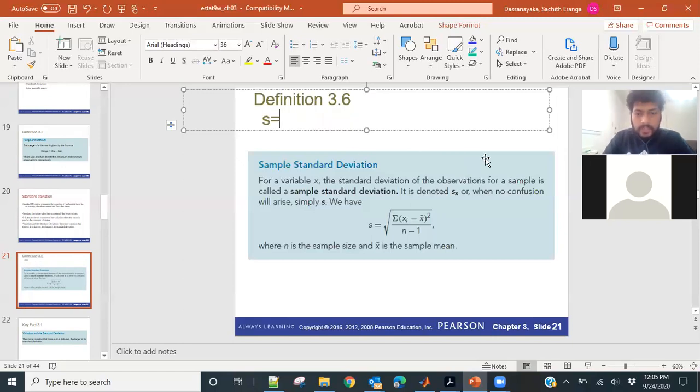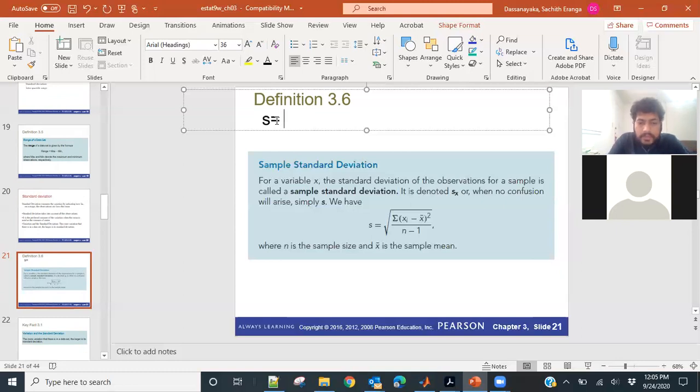So s equals, simple s equals the square root of the summation of xi.